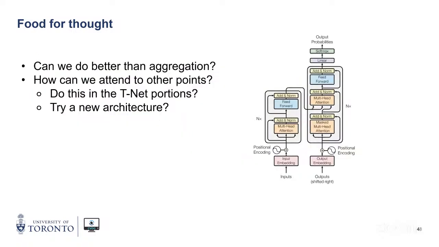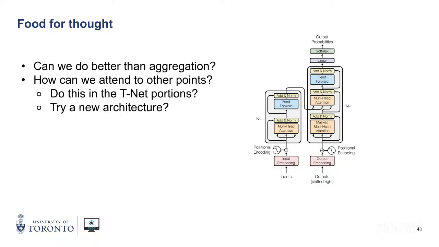Okay. Something else that we can touch on briefly is how can we do better than aggregation? So we have some tricks for not losing too much information during aggregation, like mapping to higher dimensions before we aggregate. But maybe is there something better?